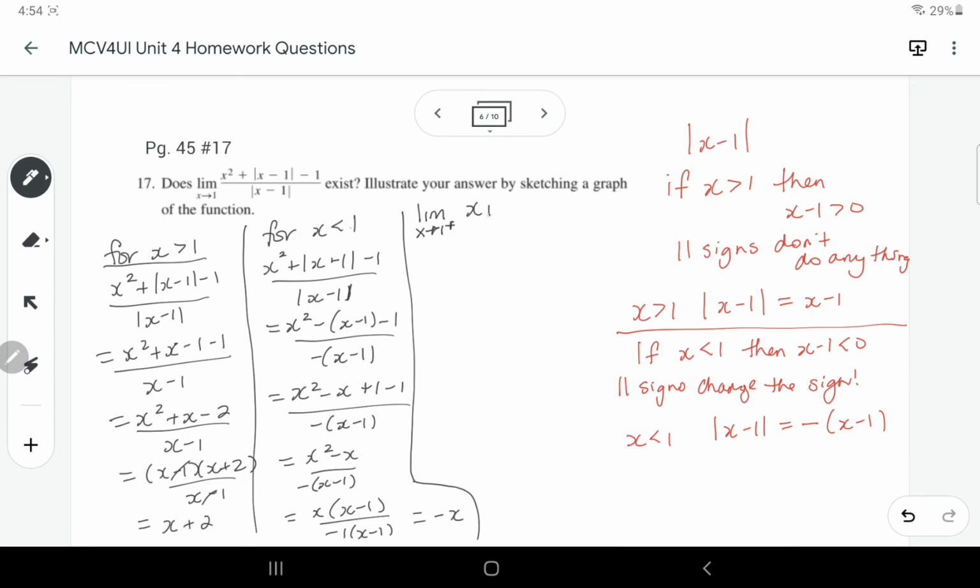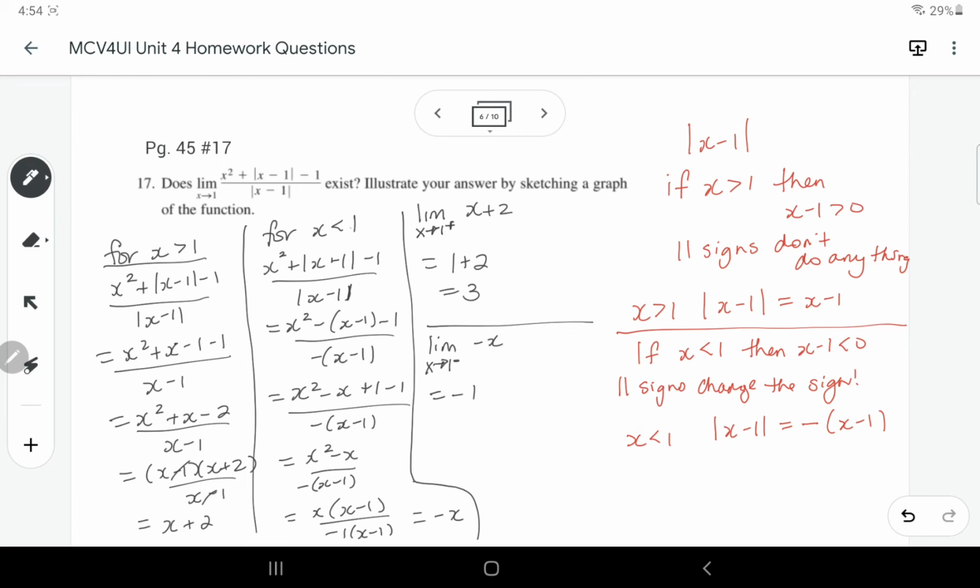So the limit there would equal 1 plus 2, which is 3. And from the left, I'd have the limit as x approaches 1 from the left of this original function, that big messy thing. It actually simplifies to just negative x. So that would be negative 1.